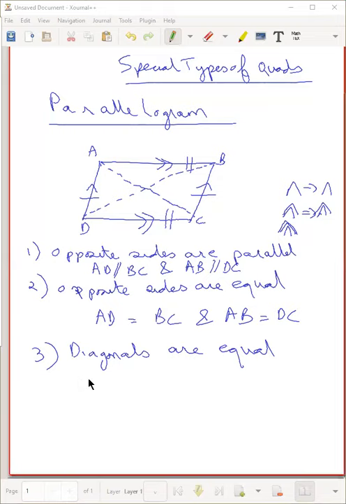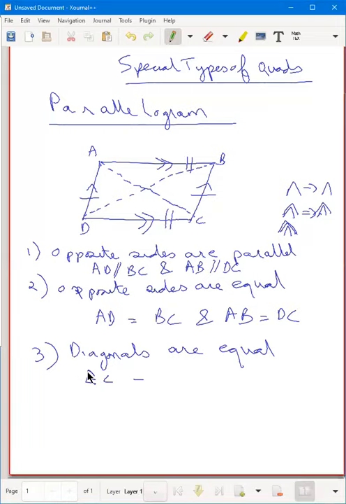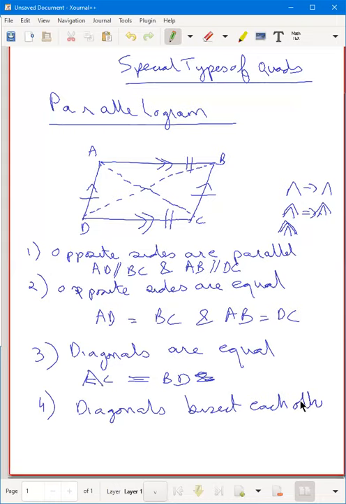So AC is equal to BD. Only two diagonals, they're equal. And also, diagonals bisect each other. That means if I take this point as O, DO is equal to OB and AO is equal to OC.